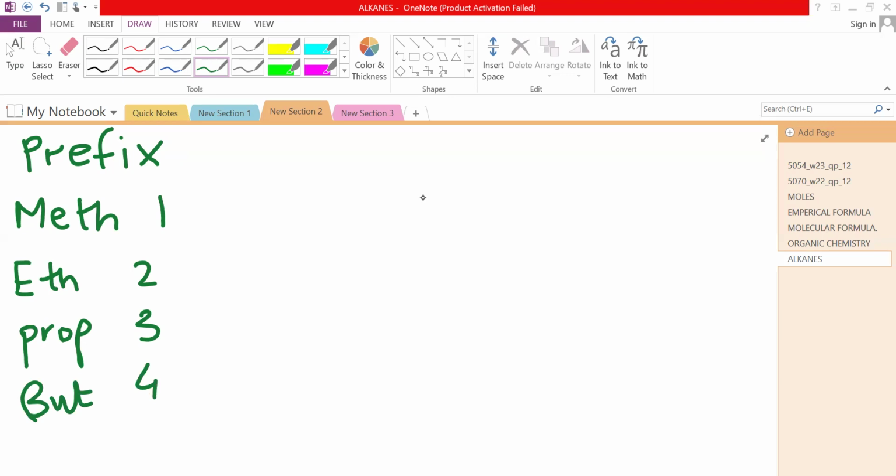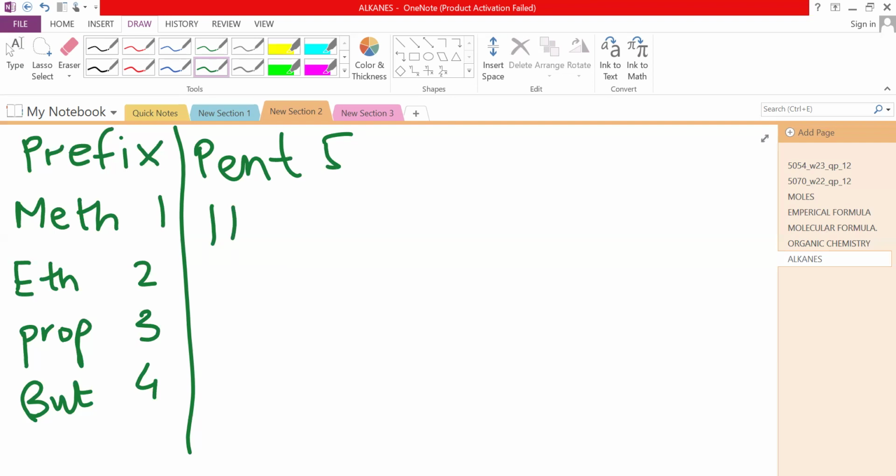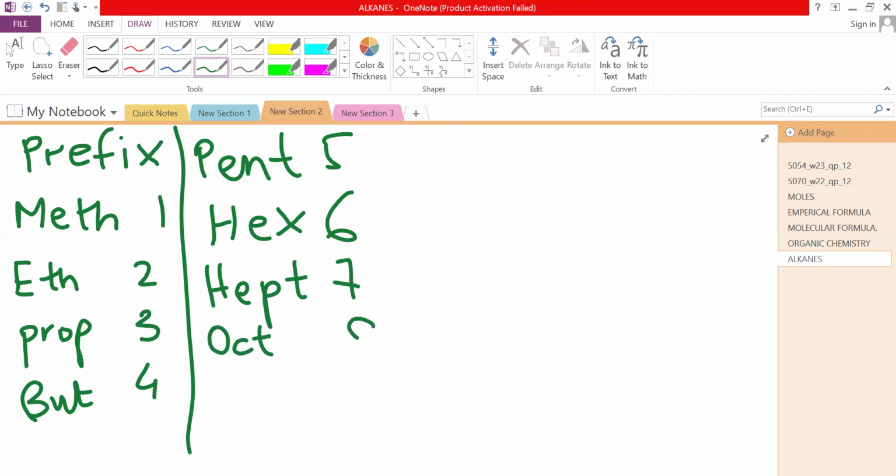The fifth prefix is pent, which means 5. Sixth prefix is hex, which means 6. Seventh prefix is hept, which means 7. Eighth prefix is oct, which means 8.